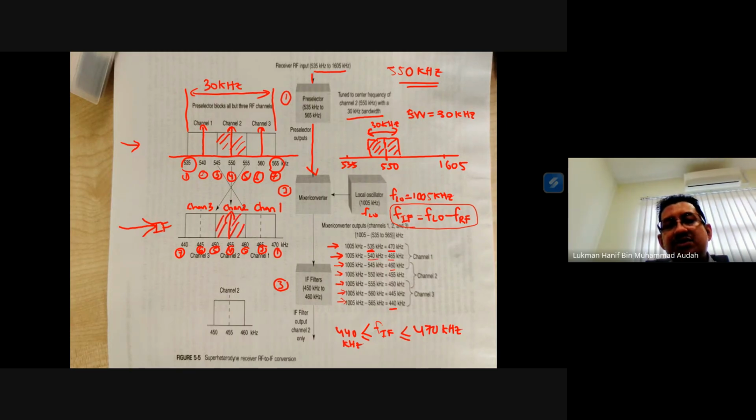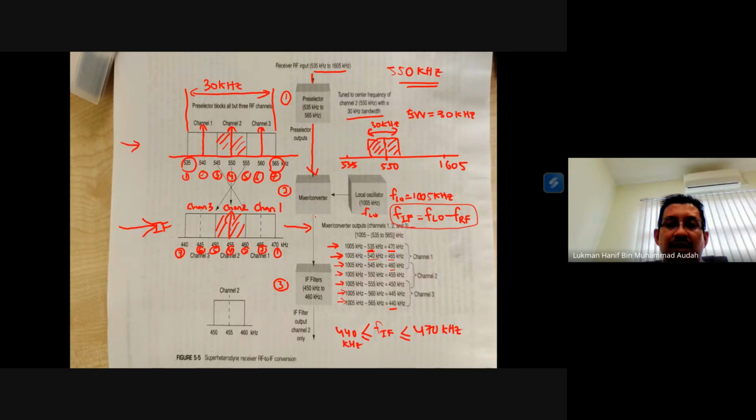Okay, so the mixer converter still maintains 3 radio channels at the output. We are still producing 3 channels at the output, but we have already converted all of them into intermediate frequencies.